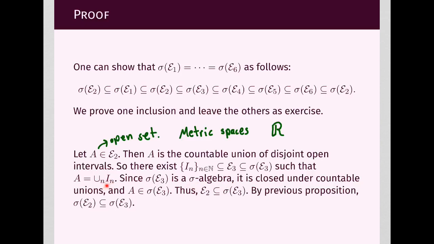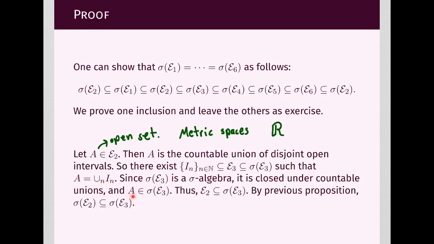So since each one of them is in sigma of E3, which is a sigma algebra, their union is also in sigma of E3, because sigma algebras are closed under countable union. But wait, that means A is also in sigma of E3, because A is exactly the union of these intervals.